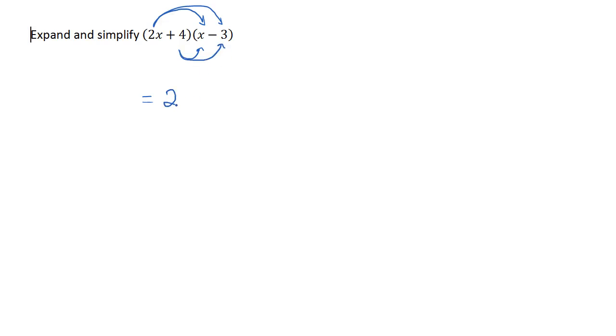So what we really have is 2x times x plus 2x times the negative 3, and 4 times the x, and 4 times the negative 3. Each part of the first set of brackets is getting multiplied into each part of the second set of brackets.